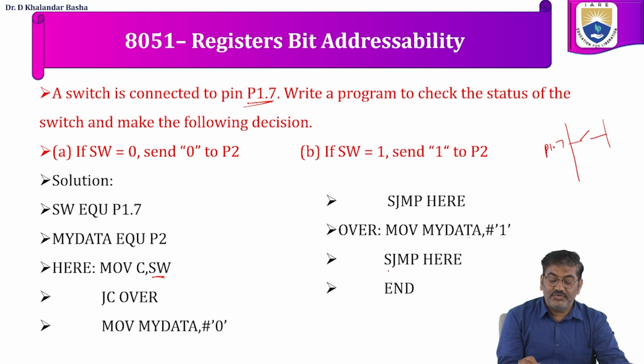Next, for continuous operation, we go for SJMP. It is a continuous loop. So let us consider the switch position is 0, then this condition fails. Then we are going to move 0 to MYDATA, where MYDATA is nothing but port 2. So in either case, we want to repeat the loop, then we will write SJMP here.